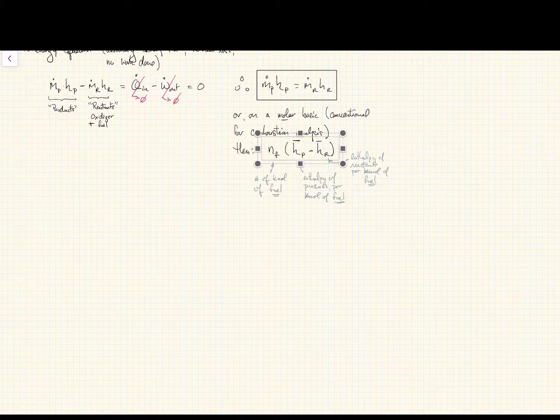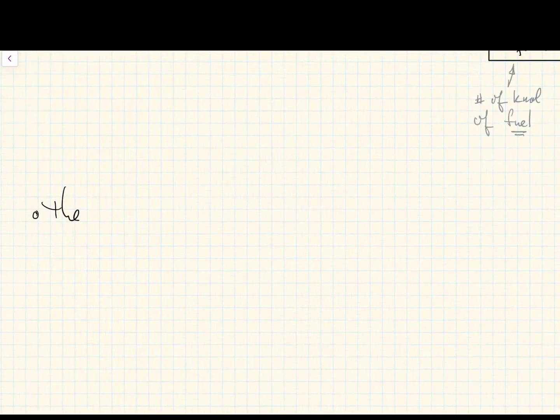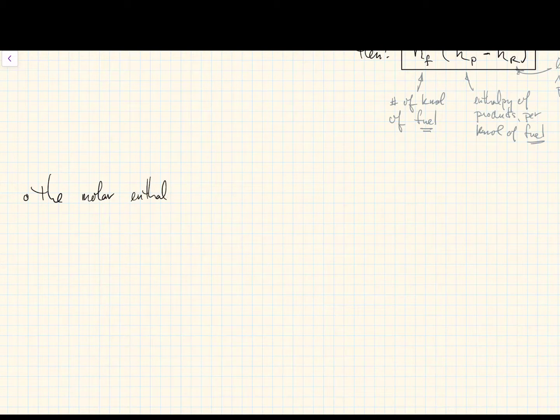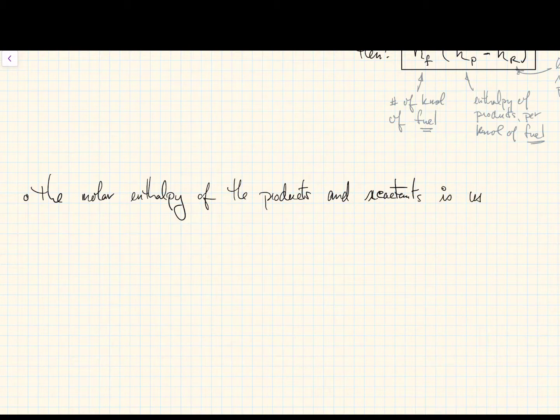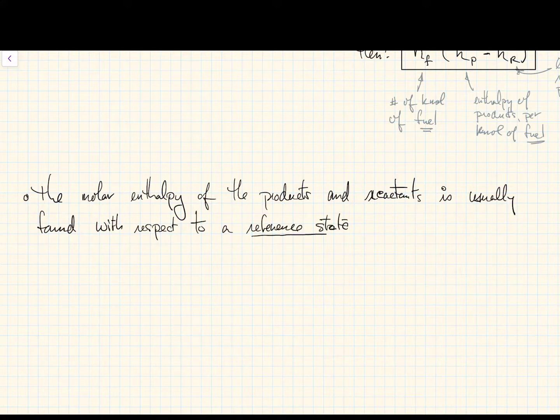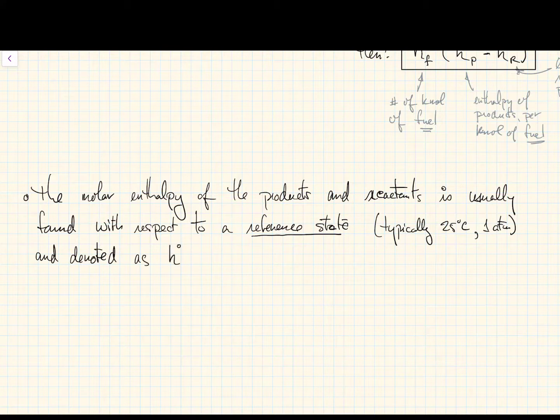So the molar enthalpy of those products is going to be found with respect to a reference state, unlike a lot of the things that we've done before where the enthalpy was given with respect to the 0 state, temperature equal to 0. Here the reference state is typically taken as 25 degrees Celsius and 1 atmosphere, and it's denoted h-bar sub f naught, with a bar on top to tell us that it's on a mole basis.